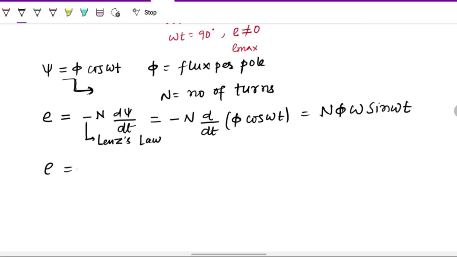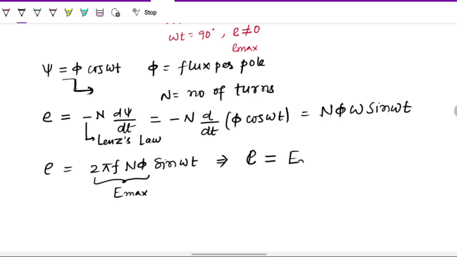So we'll be getting E is equal to 2 pi f N phi sin omega t. This 2 pi f N phi will be the maximum value of generated EMF. So on further simplifying, we'll be getting E is equal to E max cos(omega t minus 90 degree).